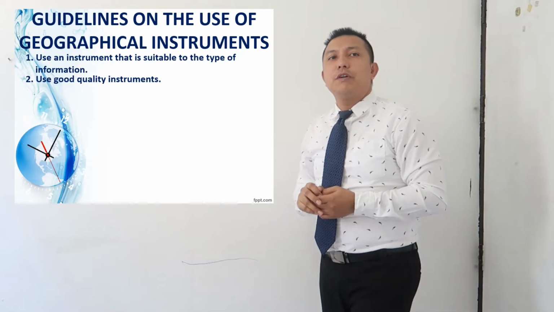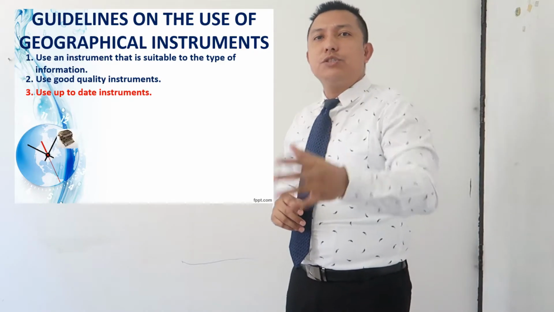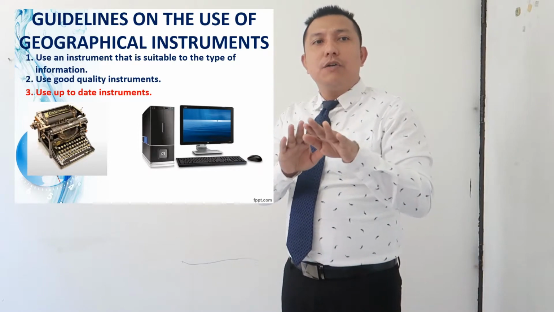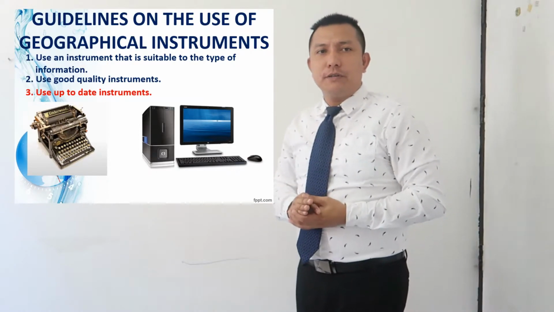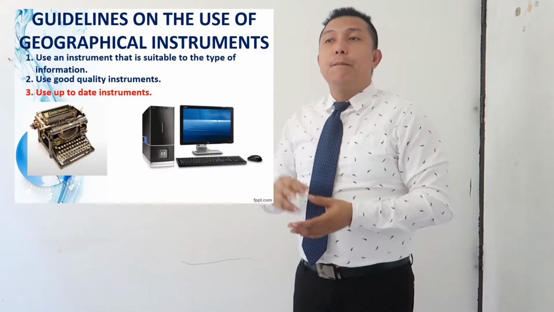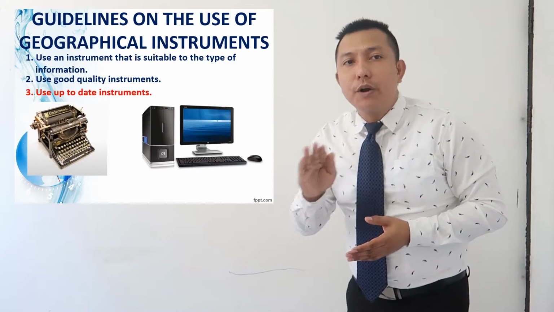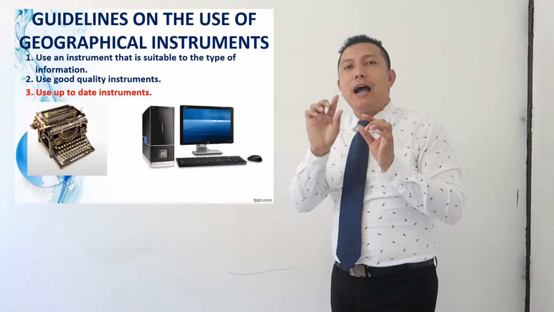Next, the third guideline on the use of geographical instruments: use up-to-date instruments. Outdated instruments produce very poor or inaccurate information, rather than modern instruments. Modern instruments make the work and the information effective and accurate.